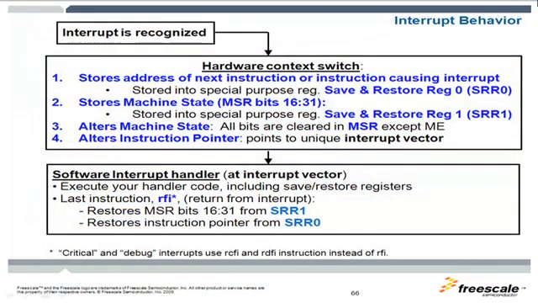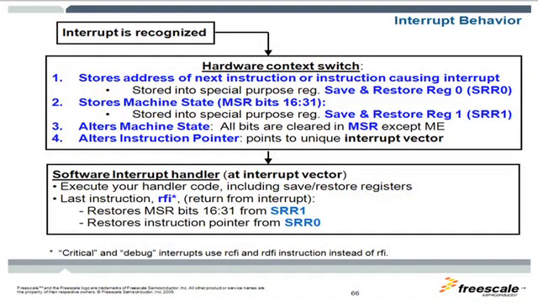Okay, so this is probably the key thing to understand about interrupts. What happens when an interrupt is recognized? Hardware, number one, does a context switch. It stores the address of the next instruction, usually the next, or the one causing the interrupt. Normally it's just the next instruction. If something bad happened, then you could store the address of the offending instruction.